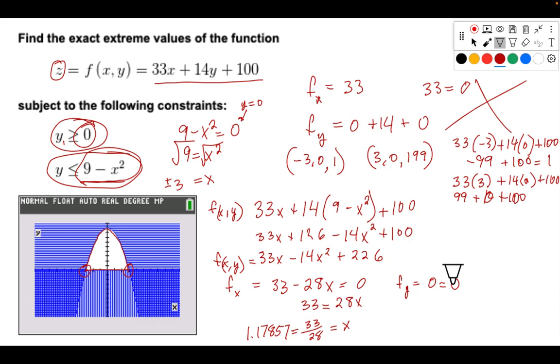But what we're really going to need to do is to figure out y. We plug this number back in to what was y? Y was equal to 9 minus x squared. So we use those two together. We take that number and we plug that in for x here.